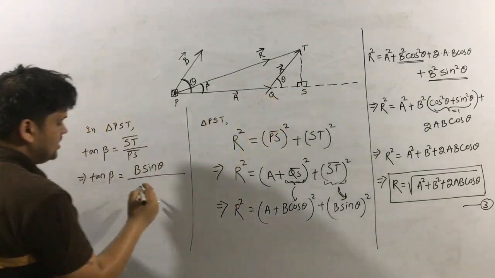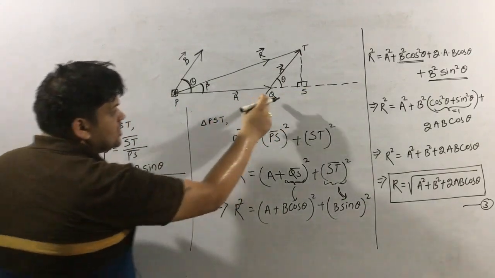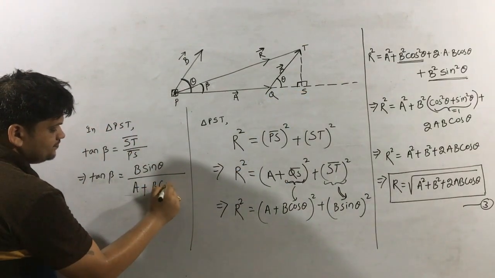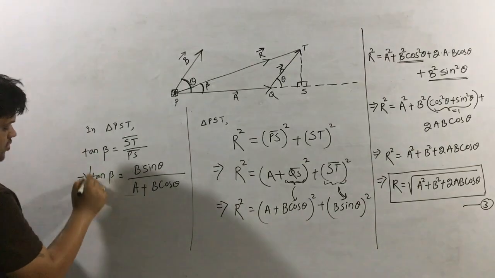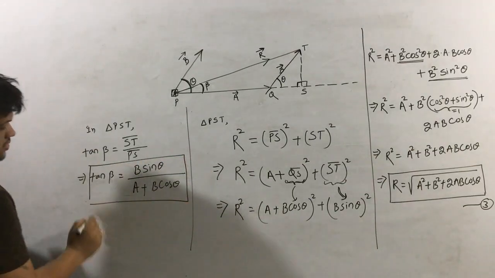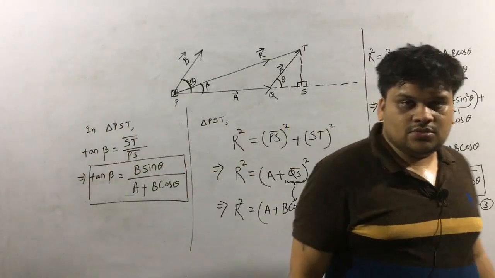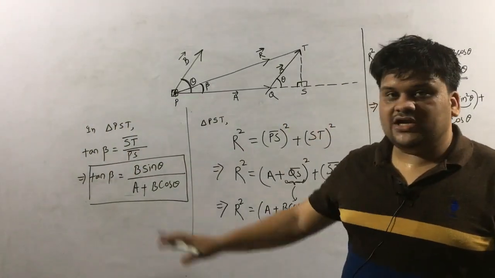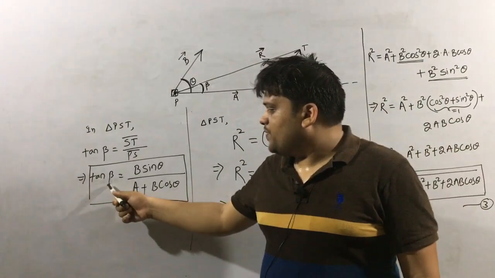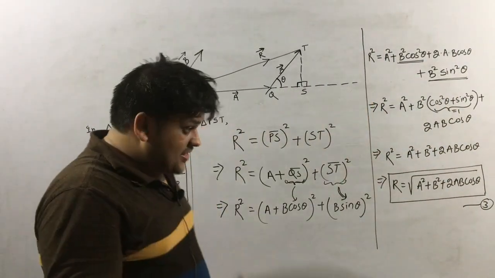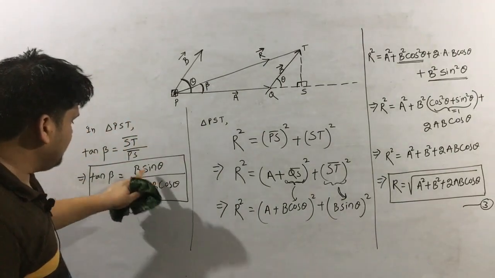PQ is A, plus QS is B cos theta from equation 2. So this is the formula: tan beta equals B sin theta divided by A plus B cos theta. If you find tan beta, obviously you can find beta also. While doing numericals, I will tell how to find beta from tan beta. Now see, the answer again has A, B, theta.